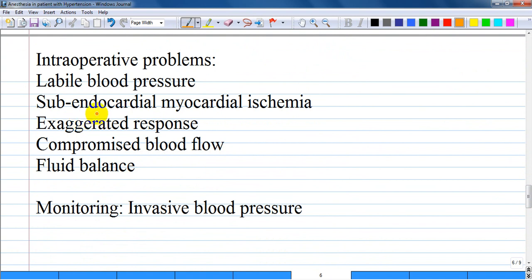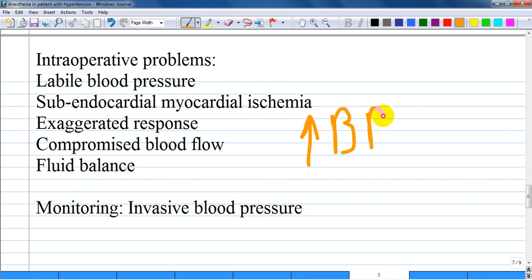Patients with hypertension could have a lot of problems during surgery, and we are interested in anesthesia. During induction or maintenance of anesthesia, we give the patient different anesthetic drugs. Almost all of them have side effects like increasing or decreasing blood pressure, as well as heart rate and contractility, of course.